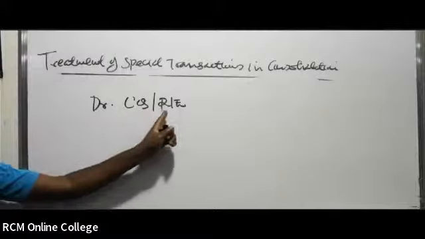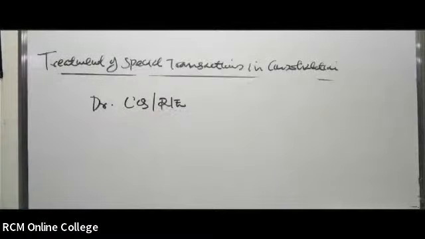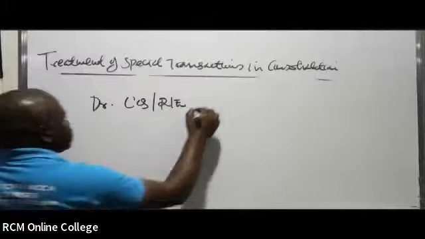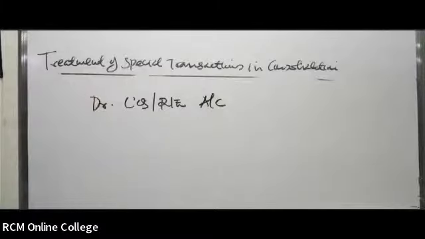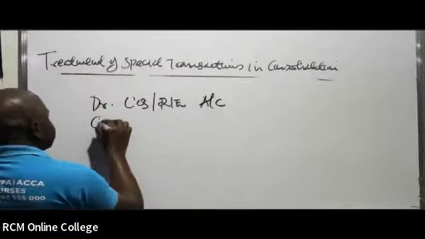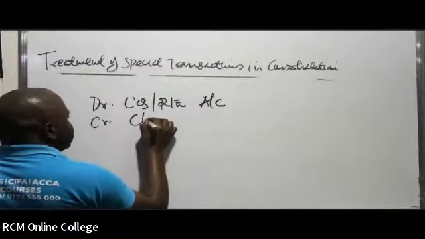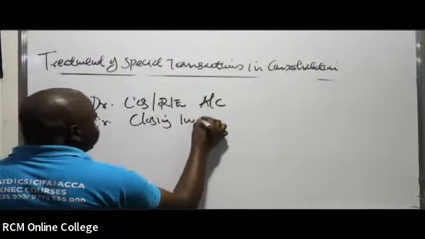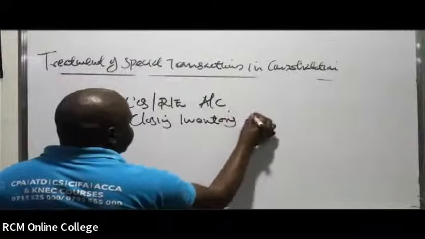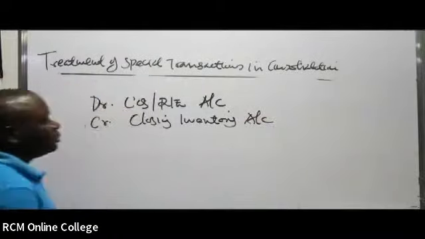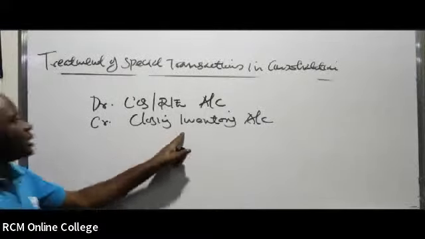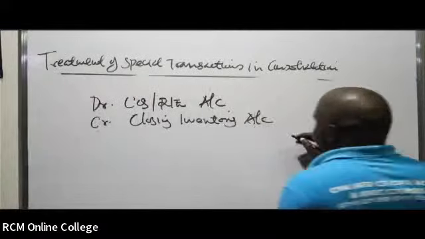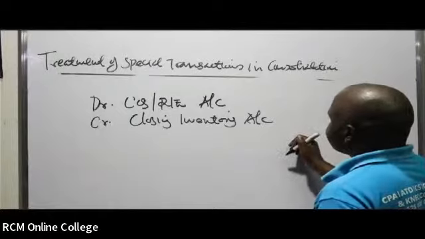You debit cost of sales or retained earnings account, and you credit the closing inventory account. So you deduct in the closing inventory, which will appear in the statement of financial position.